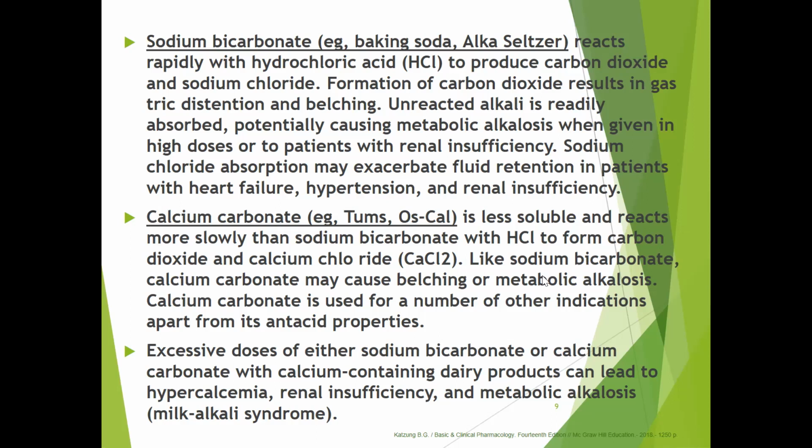Calcium carbonate, Tums, is less soluble and reacts more slowly than sodium bicarbonate with HCl to form carbon dioxide and calcium chloride. Like sodium bicarbonate, calcium carbonate may cause metabolic alkalosis.